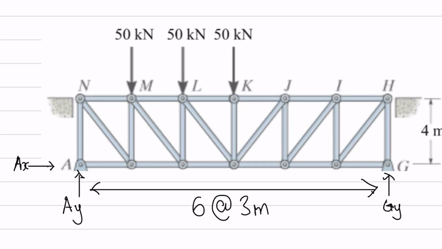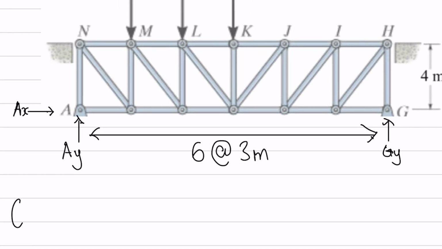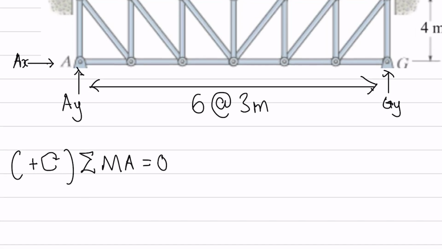Second step, we need to calculate the support reactions. Using the sum of moments at A, we assume clockwise is positive. Sum of moment A equal to 0.